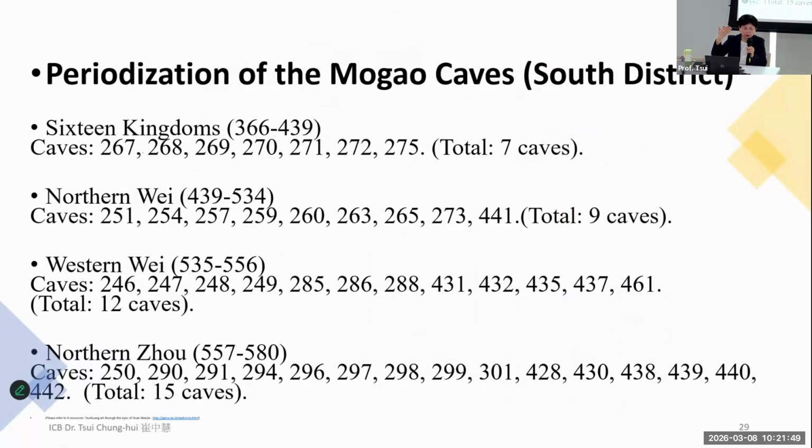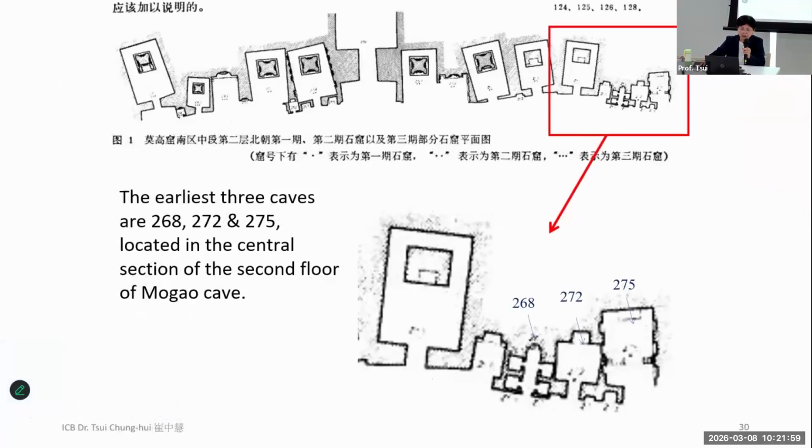So these are a group of caves that we put into the Northern dynasties. And for the earliest three caves in Dunhuang Mogao, we have caves 268, 272, and 275. These three caves were built at different times, probably one earlier and the following ones built afterwards.